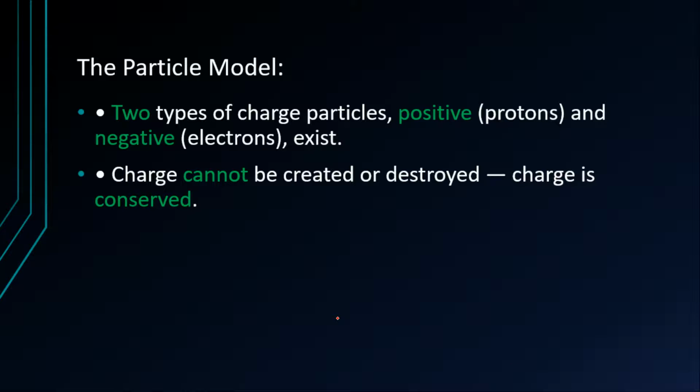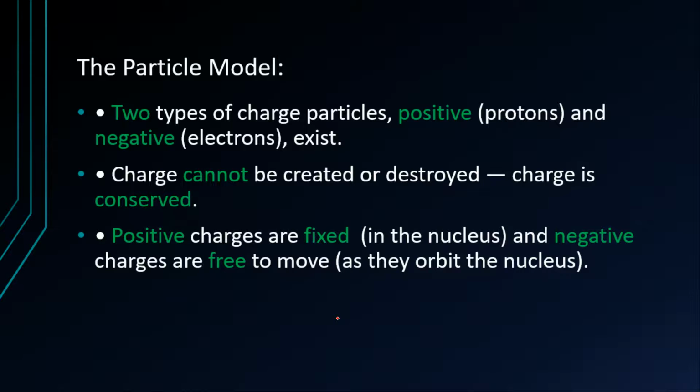Okay, so it moves from one object to the next. It doesn't just spontaneously disappear. It isn't all of a sudden spontaneously created. Okay, positive charges are fixed in the nucleus. Okay, and negative charges are free to move as they orbit around the nucleus.